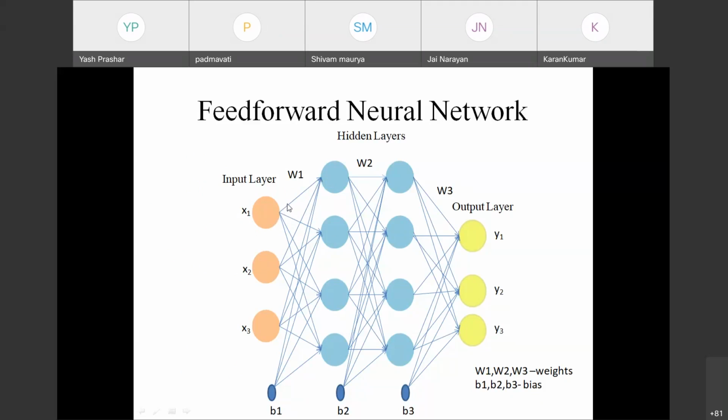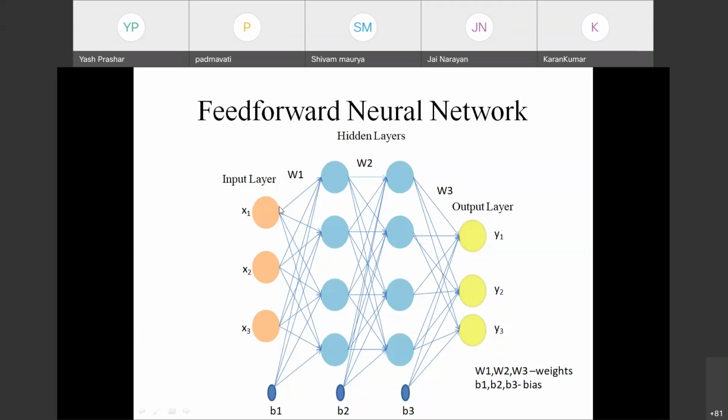So here x1, what is the weight of this particular x1? That is represented by this W1 matrix. For that sake we are taking W1 in terms of a matrix, because we need to represent all these connections.